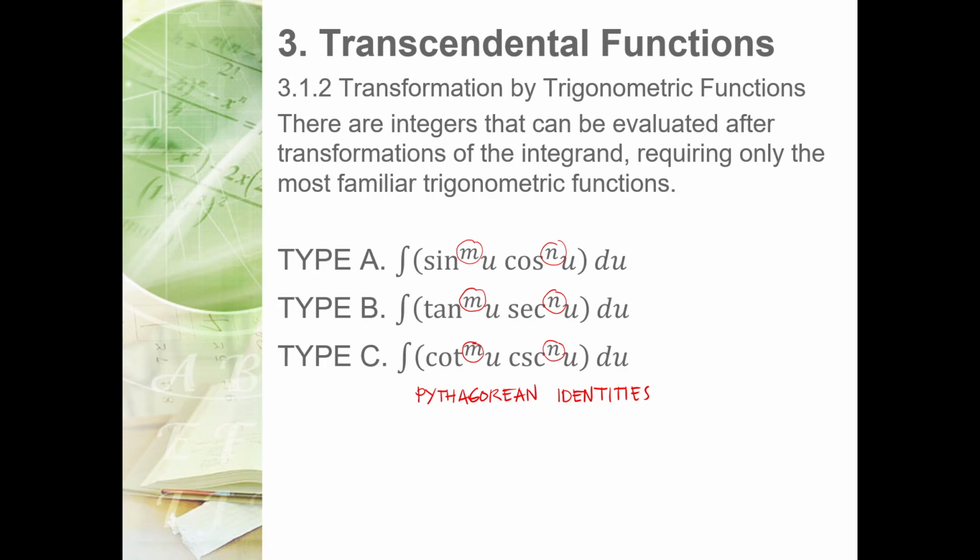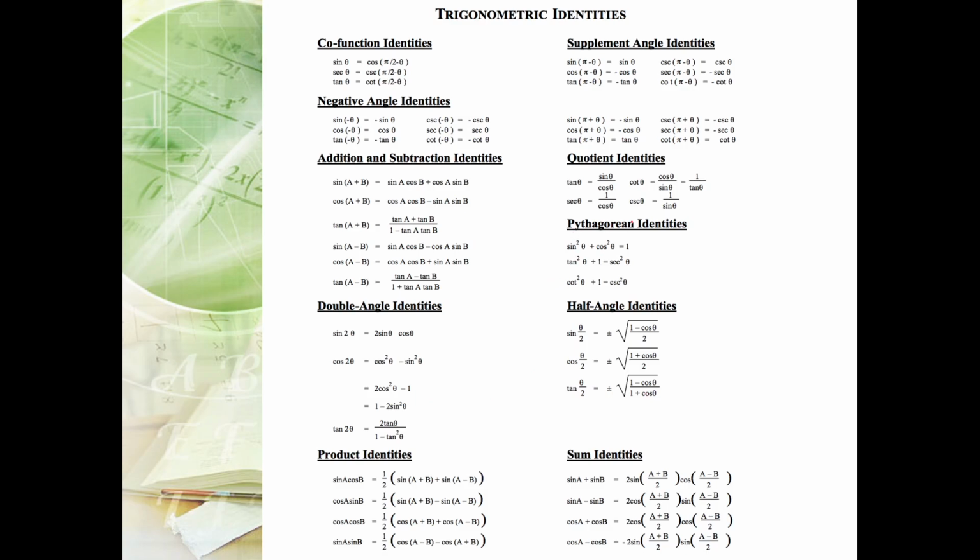For those of you who don't know the Pythagorean identity, these are the three basic Pythagorean identities. I think you're pretty familiar with these equations because they keep coming back in your trigonometry class.